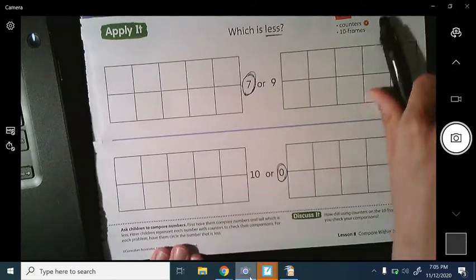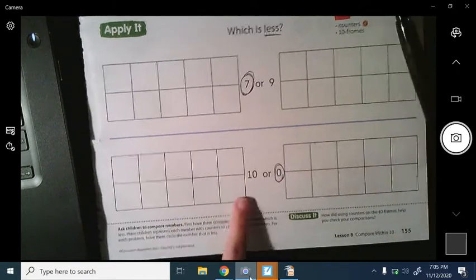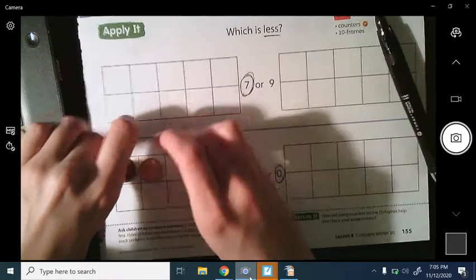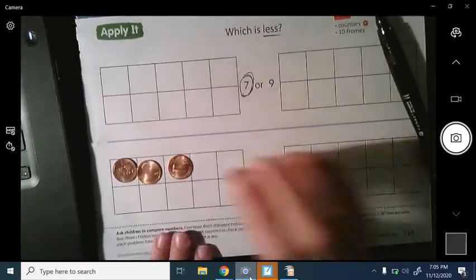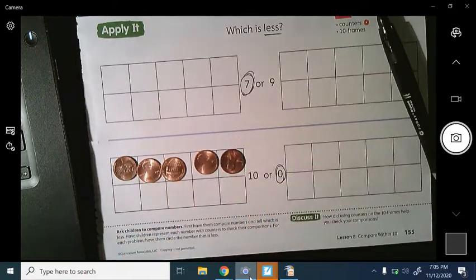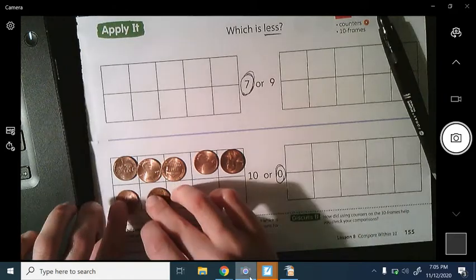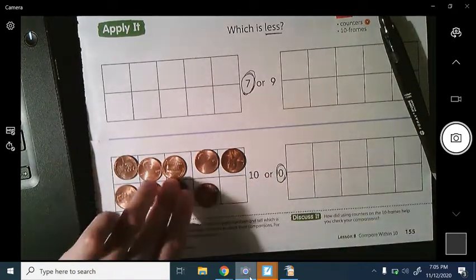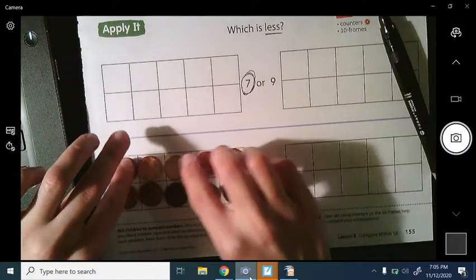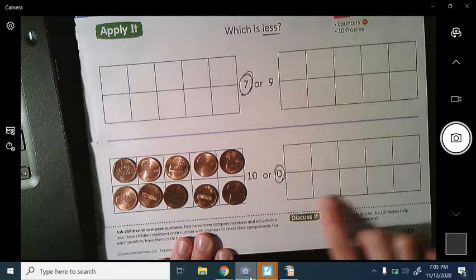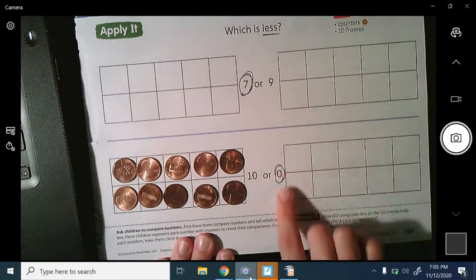Let's check. So if I have to put 10 counters in this 10 frame, that would mean all of my boxes are going to be full. And if I'm going to put 0 counters on this side, should I put any counters over here?